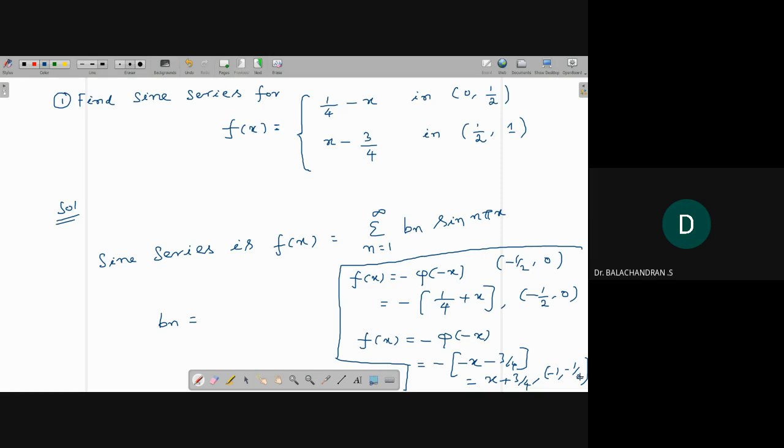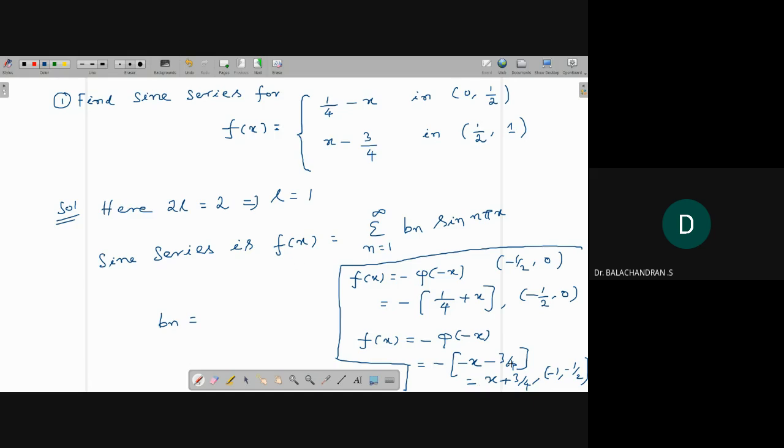So your function f of x is defined from minus 1 to plus 1. So 2L equal to 2, which implies L equal to 1.